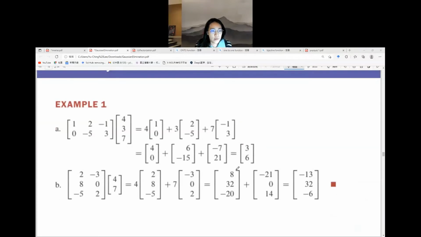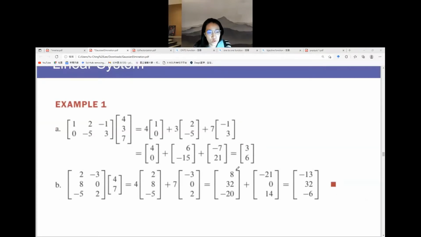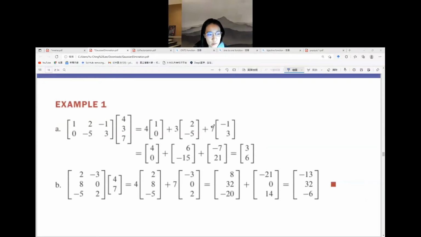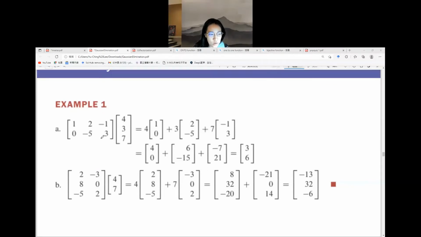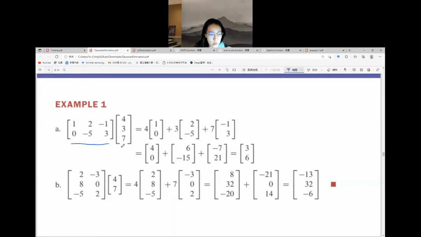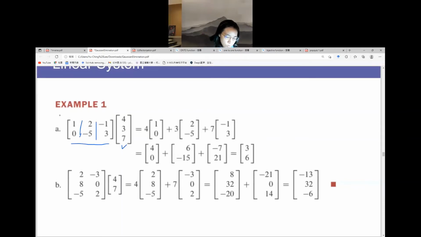So, okay, this example shows us how to express the matrix, the linear system, as a linear combination. So this is matrix A, and then this is some other vector. I can write it as the linear combination of the columns of matrix A. The first column is written right here, and the second column right here.